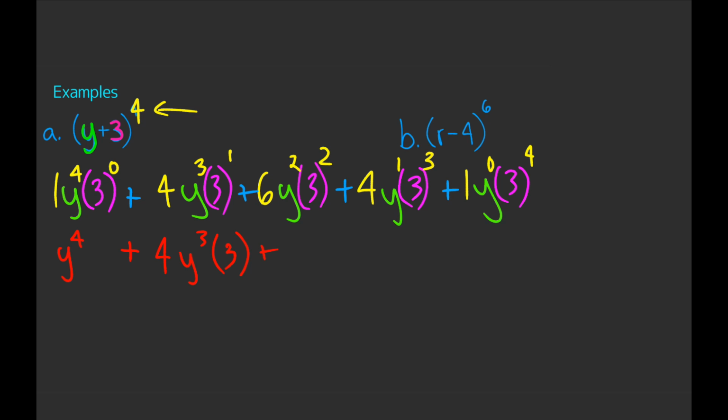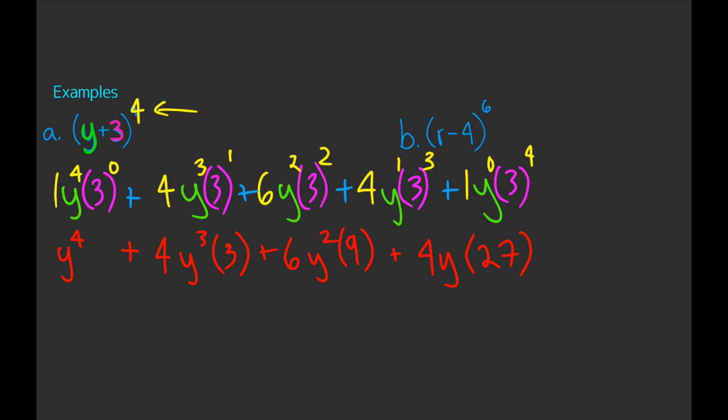Go on to our next term. We have the 6, multiplied by the y squared, multiplied by that 3 to the second power, which equals 9. Going on to our fourth term, we have 4 y to the first power, which is just y, multiplied by 3 to the third power, which is 27.